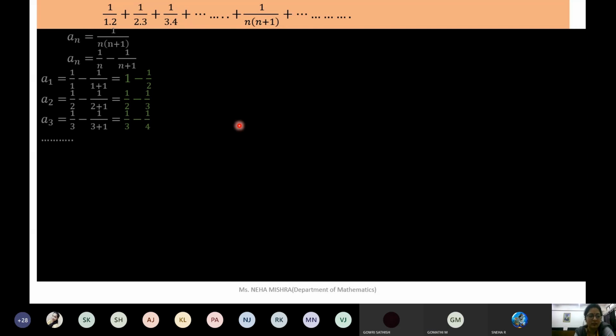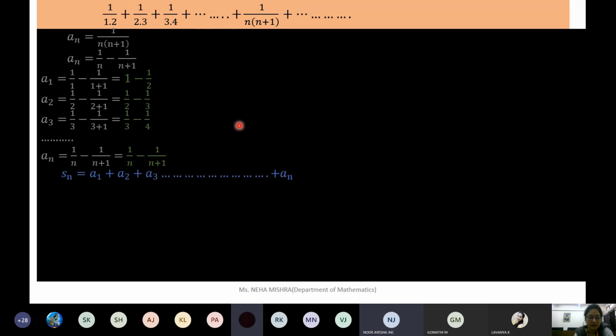Then dot, dot, dot. Then what will be my An? 1 by n minus 1 by n plus 1. Good? What are we supposed to do next? Sn is equal to A1 plus A2 plus A3 plus up to An.